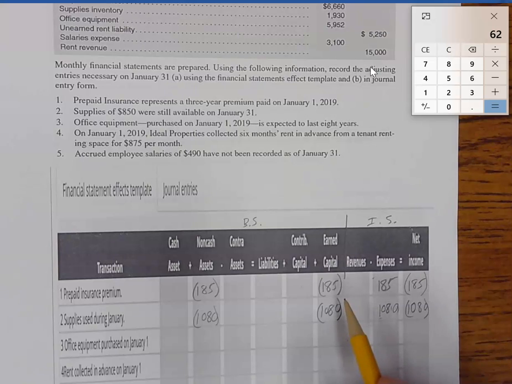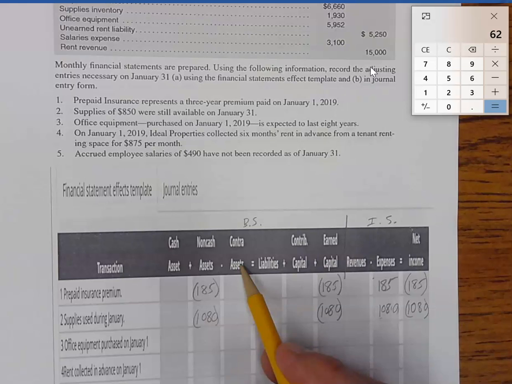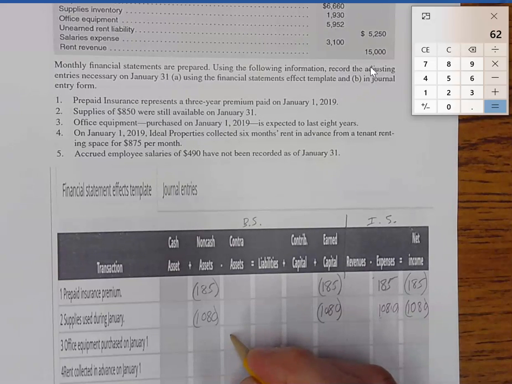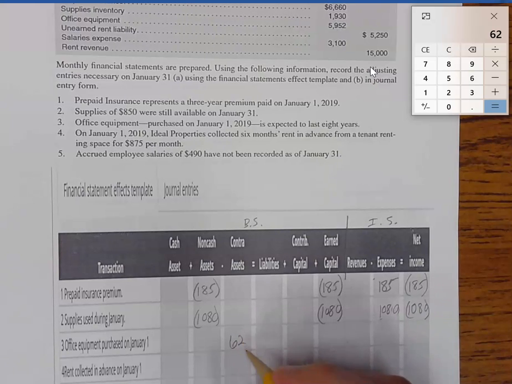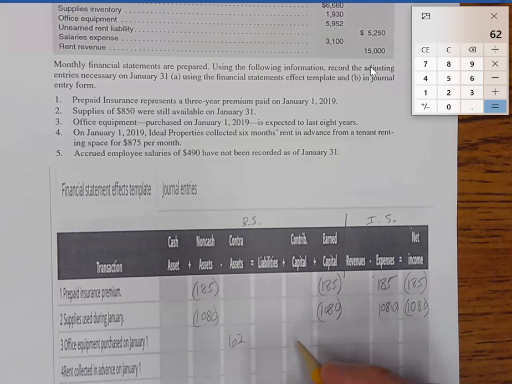So, you know, what we have here is a contra asset. And a contra asset is not a regular asset. So we're gonna put this $62 right here.